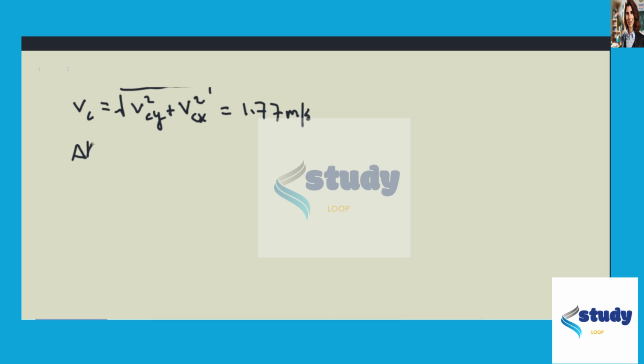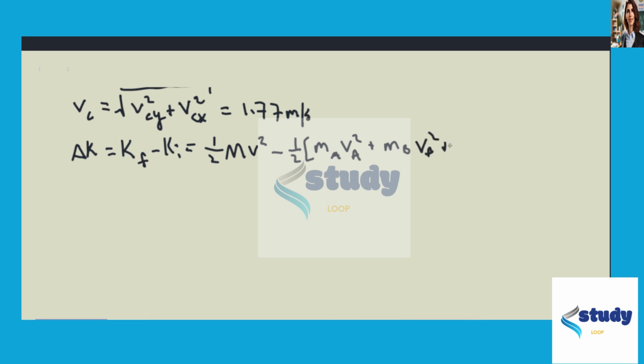So now delta K is, of course, the final minus the initial. This is 1/2 big M V squared, then minus 1/2 MA VA squared plus MB VB squared plus MC VC, which we just found, squared.